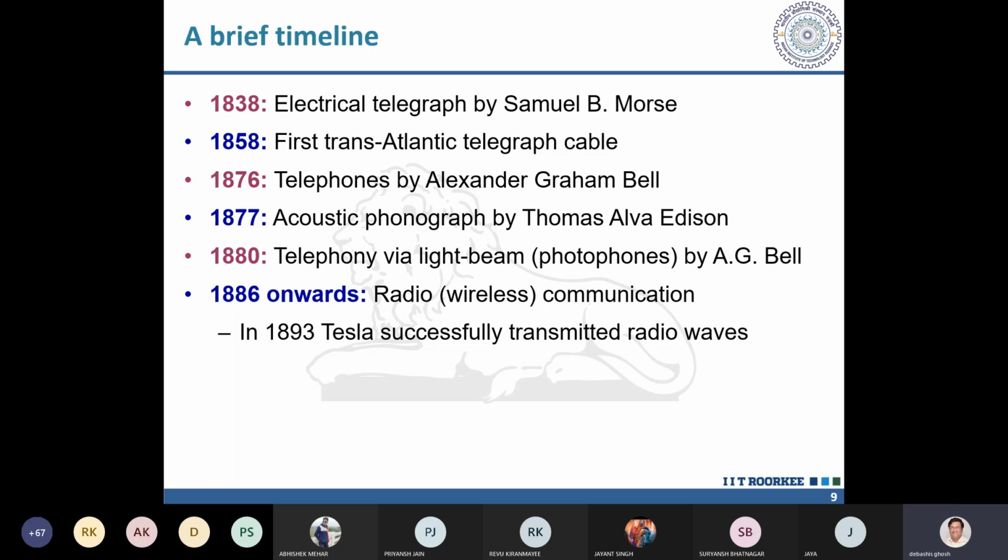And in the last 3 decades or so, there has been a tremendous development in communication. Not only in communication, actually, it is a combined development of electronics, computers and communication. Nowadays, neither electronics alone, nor computers alone, nor communication alone, all three go hand in hand.